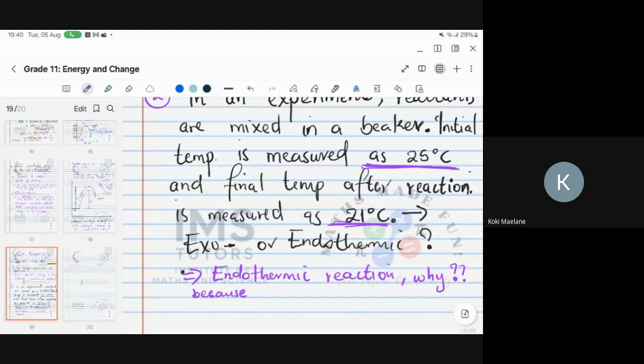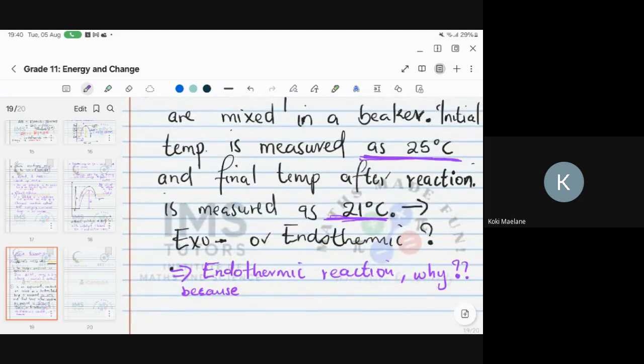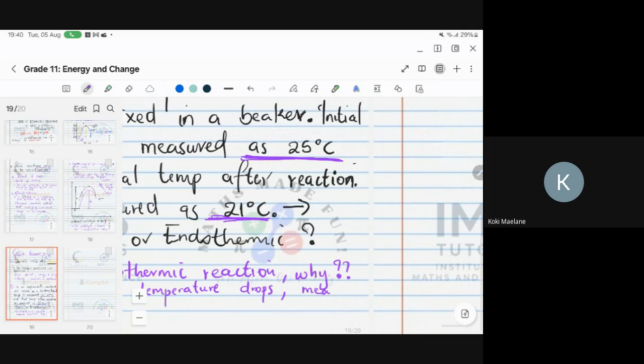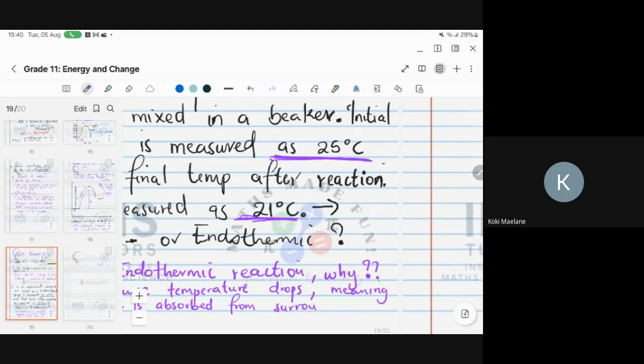And if the opposite happens, where I'm in an environment and I realize that it's suddenly getting colder and the temperature is dropping, it means whatever reaction I'm observing there is endothermic, because it's absorbing heat from the surroundings. I'm just writing exactly what I was saying.